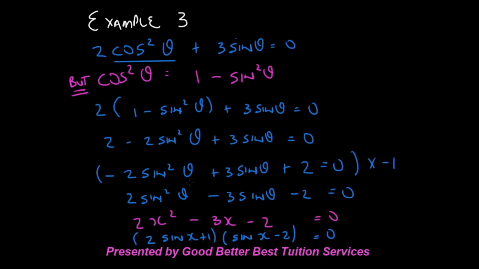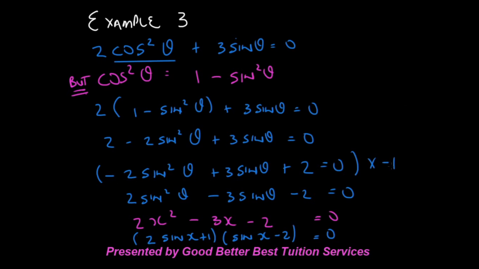Alright, and what do we do with that information? Obviously, we want to write it in descending powers, as we normally do with x. In this case, it looks like it could be a trinomial, so we write it in descending powers here. We have negative 2 sine squared theta plus 3 sine theta plus 2.